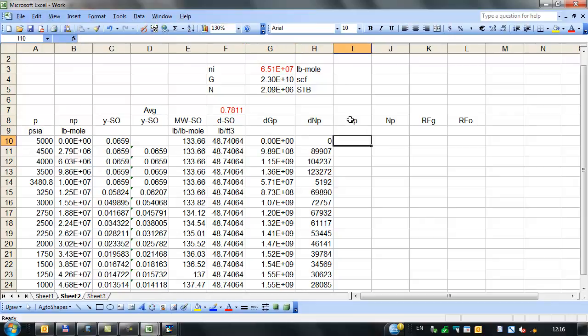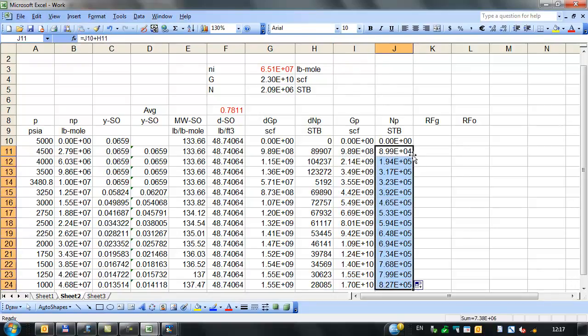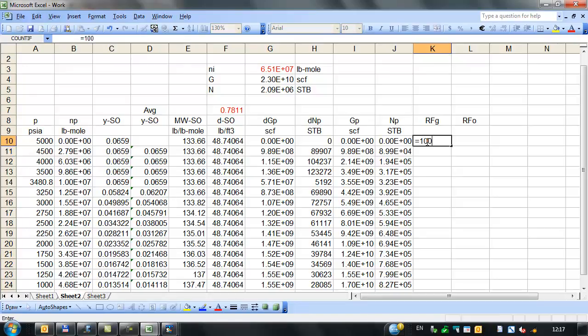All right. And we take the previous plus the incremental. And then we take that and we use this.